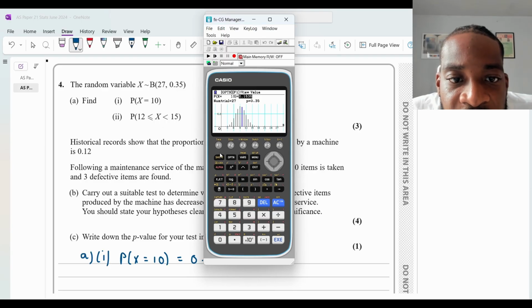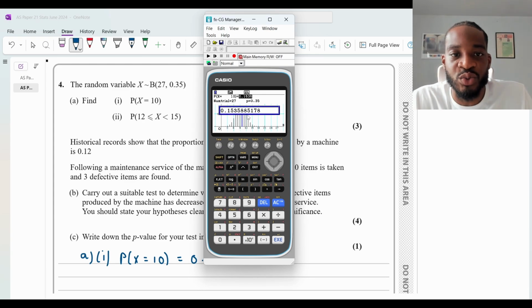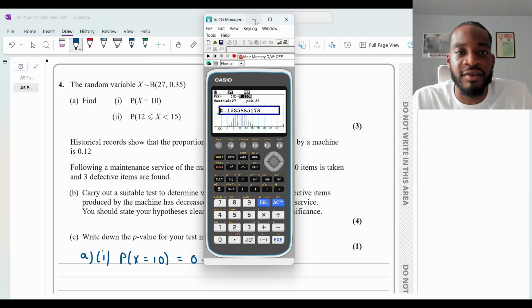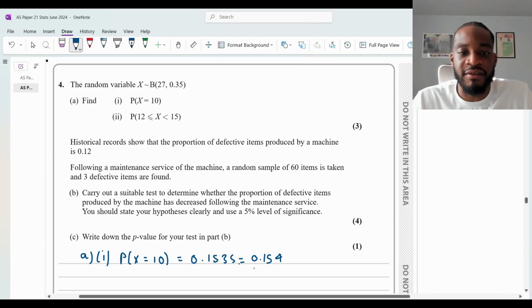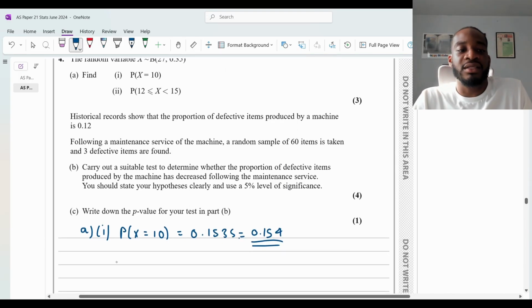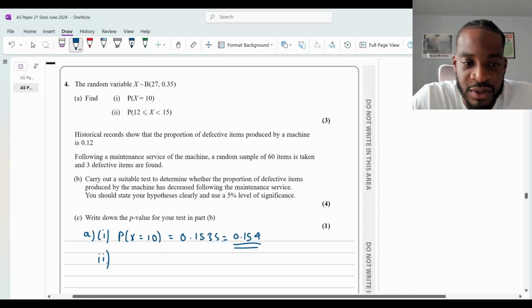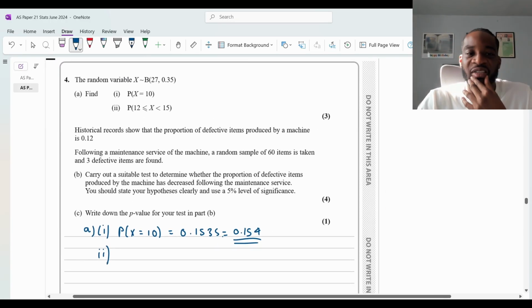You click option, and then view, and then that is the actual number there. So 0.1535, blah blah blah. So 0.154 to three significant figures. So that's done. Now part ii. I'm normally used to using the ClassWiz, so I'm still adjusting to the CG50.